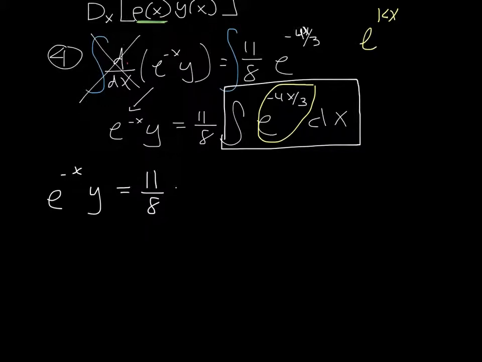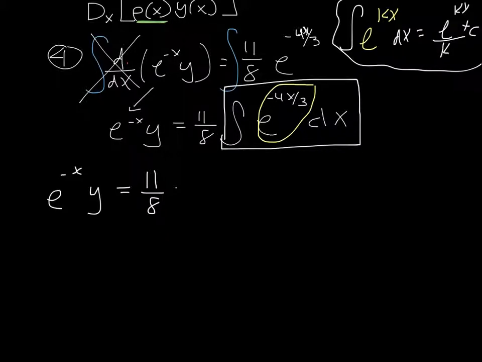And when we integrate e to the kx, our integral is going to be e to the kx, and then we divide it by our constant. And then, of course, our constant of integration, which is right there.